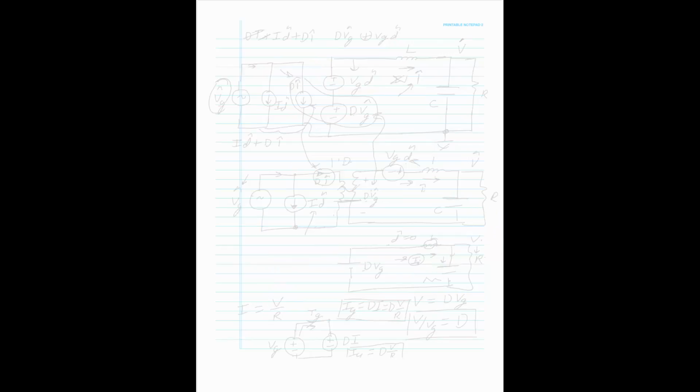So what we're going to do now is say, fine, can we put a model here? Well, sure. Let's do these terms here. We have two terms. Remember, we have a D VG hat, and we have a VG D hat. It adds. So how do voltage sources add?